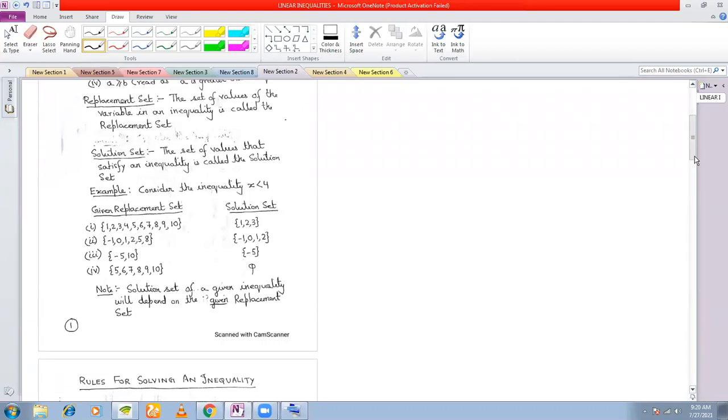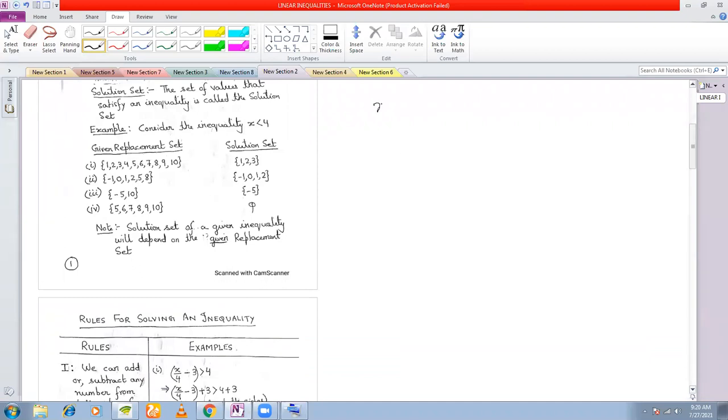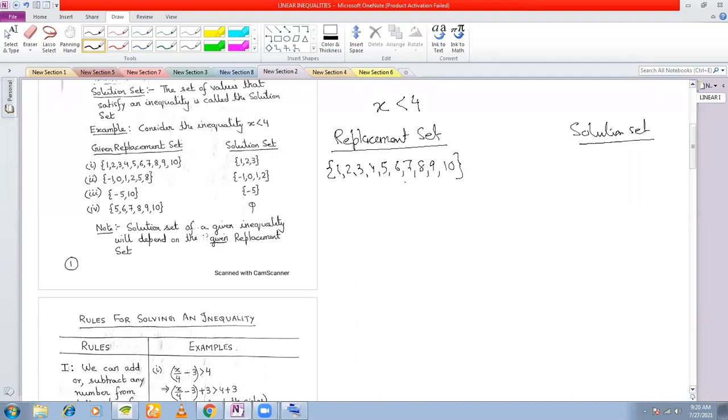Let's see this example here. Consider this inequality, x less than 4. If I give you this as the replacement set of this inequality, then what should be the solution set? x can take values only from this set.